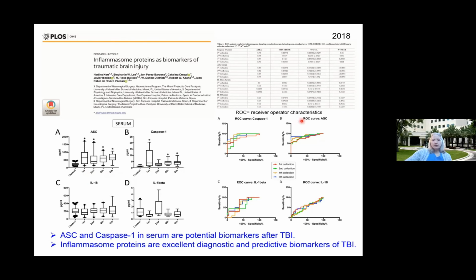And these are just the ROC curves showing that these particular ASC and caspase-1 were predictive of outcome, and they can be used. We think these inflammasome proteins can be used as a diagnostic as well as a predictive biomarker for TBI.